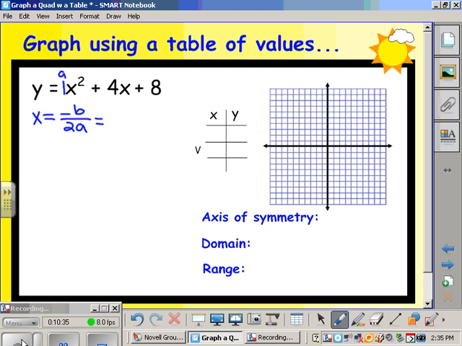So we know that a is 1 and b is 4. So we're going to replace the b and the a in the formula with the 4 and the 1. So we have negative 4 over 2 times 1, which simplifies to negative 4 over 2 or negative 2. So this is going to be the x value of our vertex.